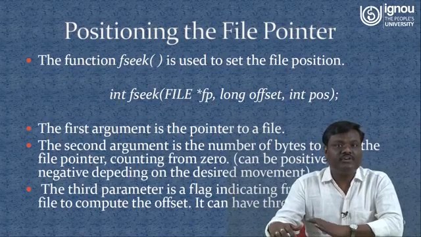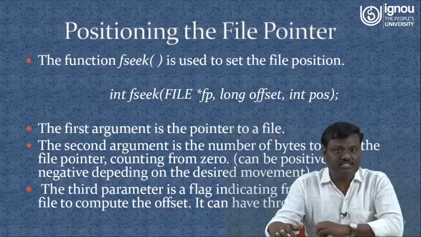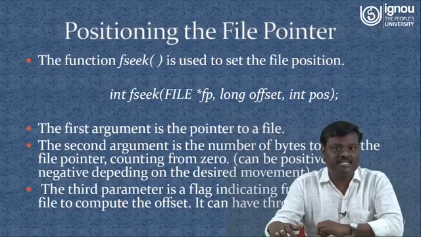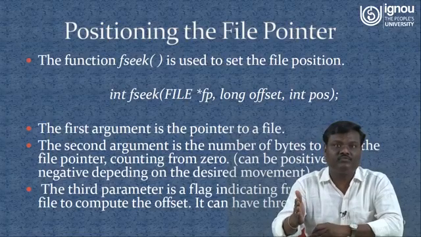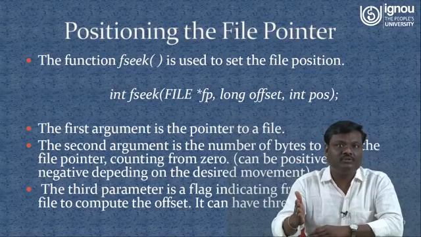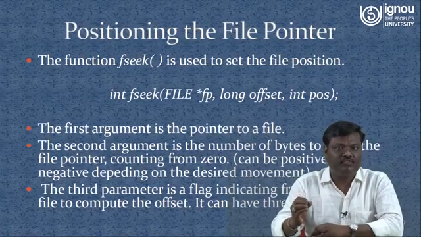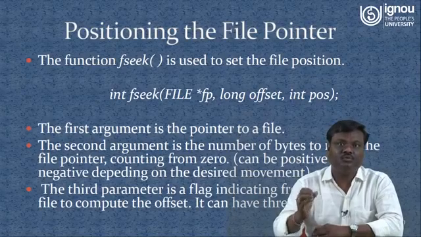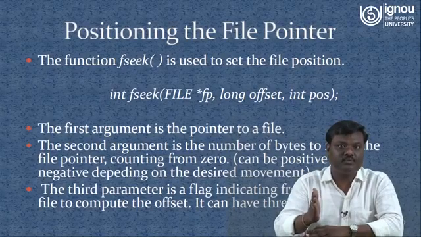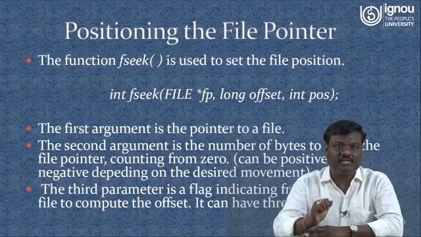For that we have certain functions. One function is fseek. This is used to set the file position, that is, from which point you have to read or write. fseek is the function we use to set the position in the available file.